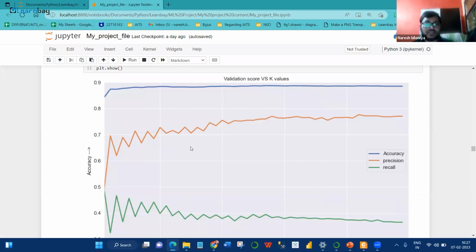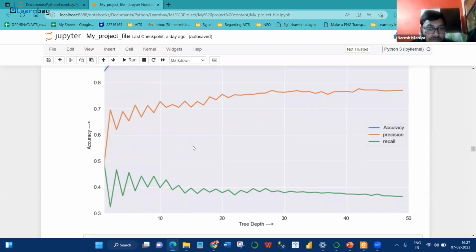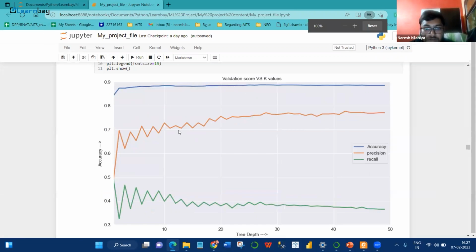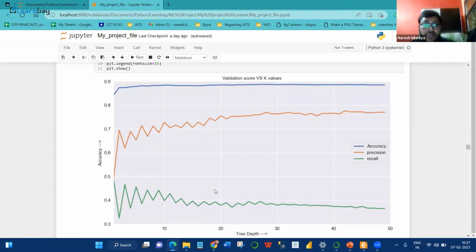So this is the same graph, but we have also drawn precision and recall. This is the accuracy graph. Here 27 is giving our highest accuracy. But what is happening at k equal to 27? Look at recall, the green line.